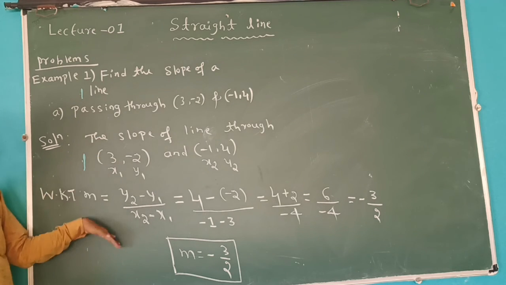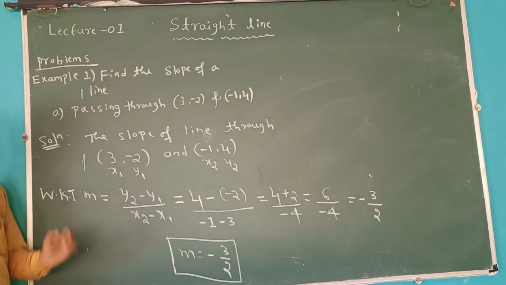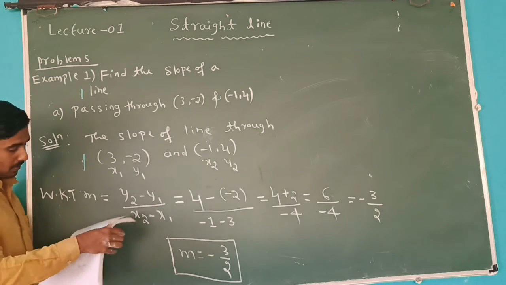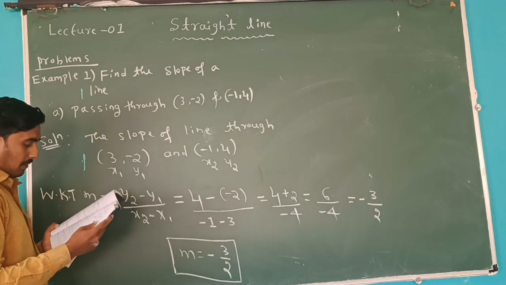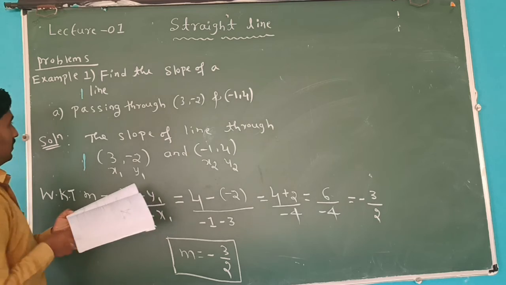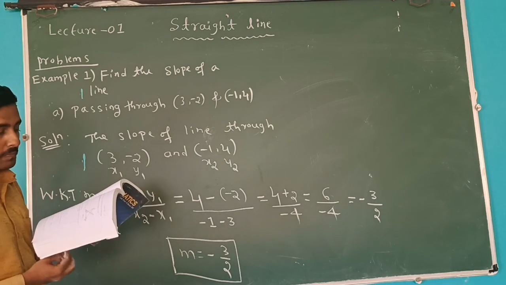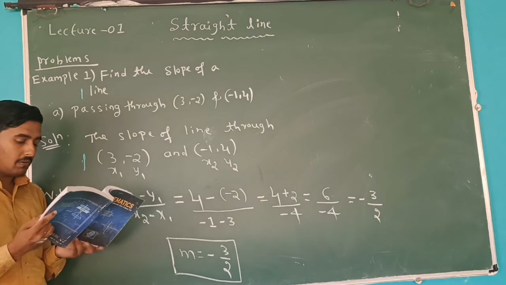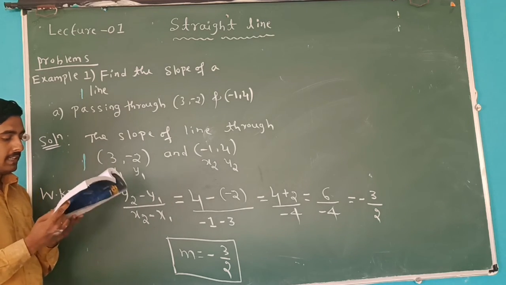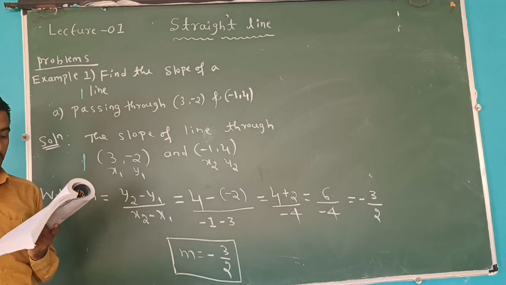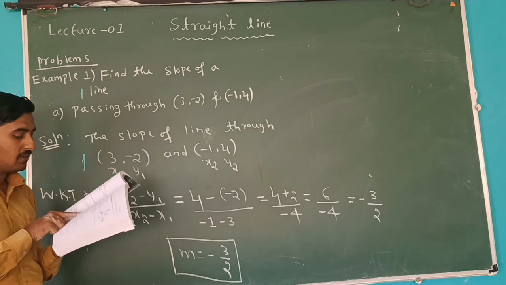So this is the slope of the line passing through 3, minus 2 and minus 1, 4. This problem is from example number 1, part A. In the textbook, page number 207, example number 1 A is already solved, B and C are homework, and D is also homework.